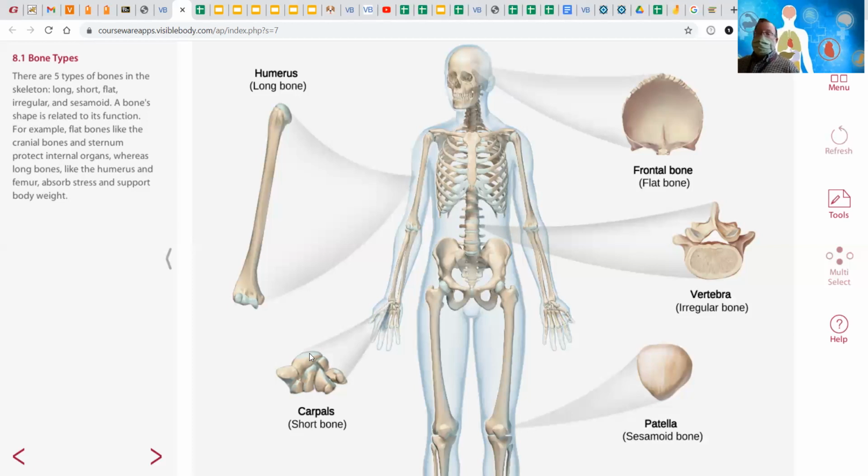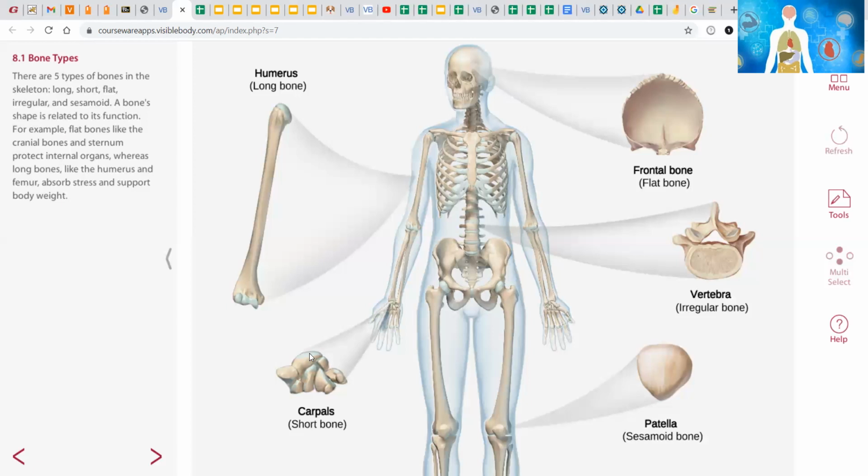Okay, and then irregular bones, we've got some that don't really fit into any category. So the irregular bones are going to be kind of oddball shape. And really, we just consider the vertebrae to be irregular bones. Notice the spelling too, real quick. As a side note, vertebra with an A on the end is the singular.